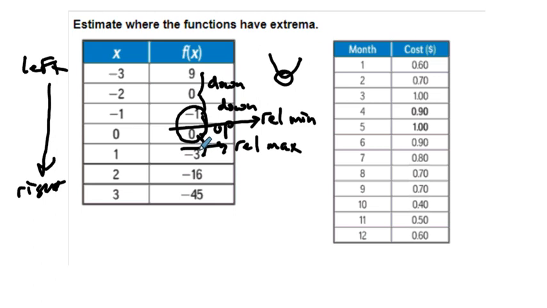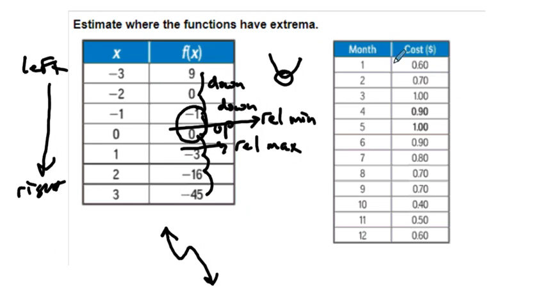And then it goes down to -3, down to -16, down to -45. So there are no other turning points in there. It's going down, down, and then here it's going up, so we've got a relative minimum. If we sketch this, it's going down, it goes up, and then it goes down again, and it does something like this. That's more or less what the graph looks like.